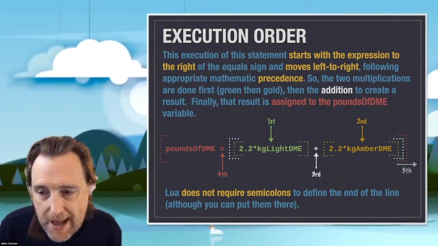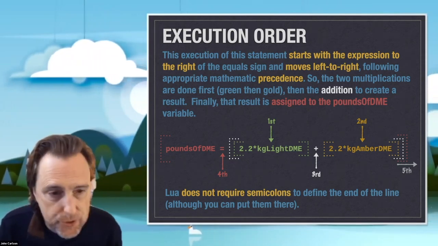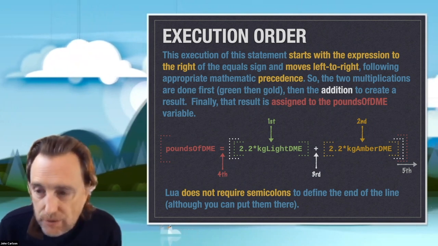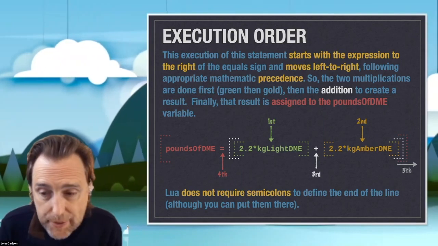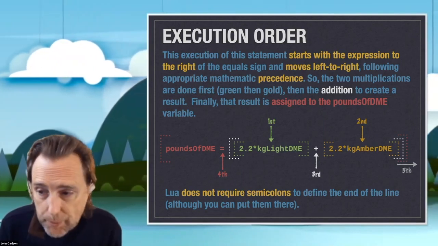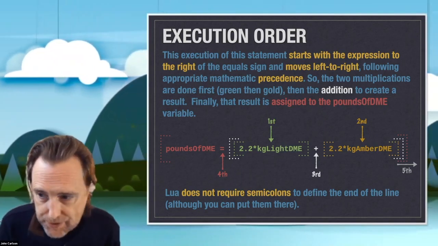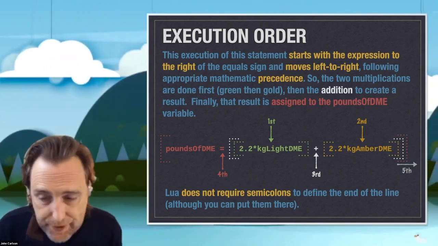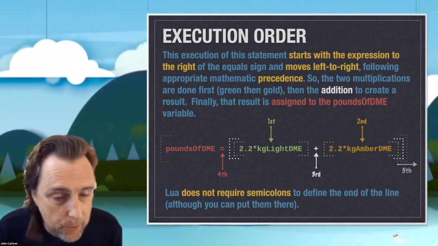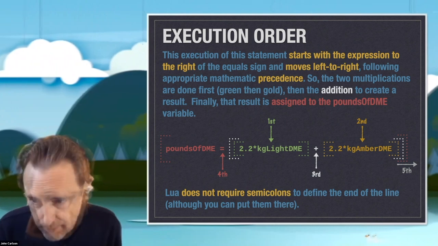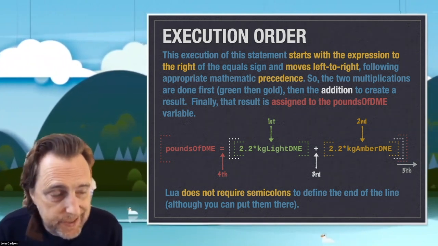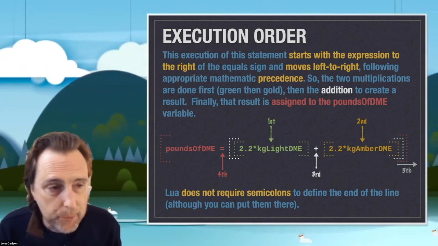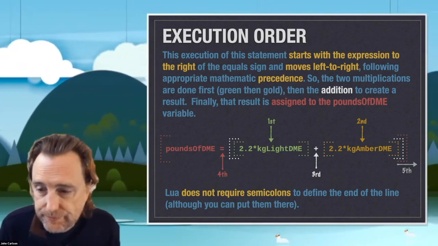At that point, we have a valid evaluation of the expression. So then finally the assignment can be carried out. The result is stored into pounds of DME. And then the fifth step, if you want to think of it that way, would be moving to the next statement. After the assignment's completed, the work of that statement is done, and the computer can move on to the next instruction.